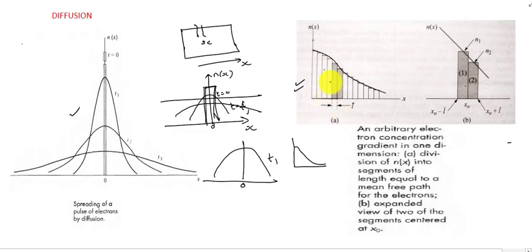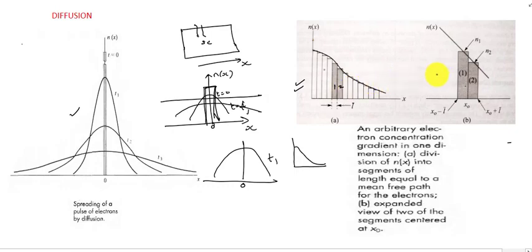So this distribution n of x is divided into segments of length L bar, and we are observing two segments, segment 1 and 2, that is the shaded portions. This curve is going through the center of each segment. We are considering only segments 1 and 2 for deriving the current equation.